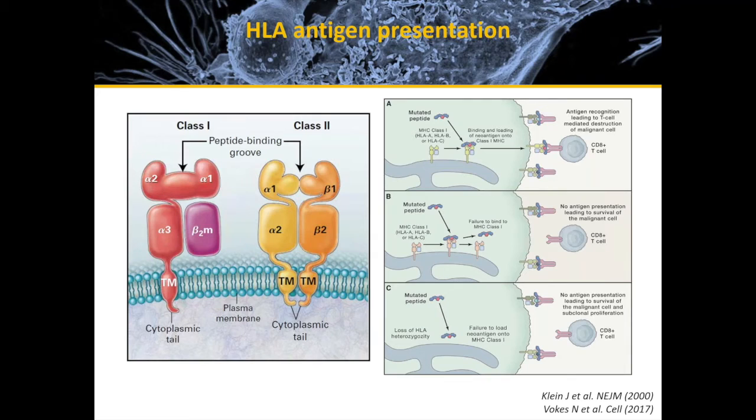In another recent study, it has been shown that HLA antigen presentation affects tumor evolution, and this could be predicted by evaluating the effect of HLA copy number loss.